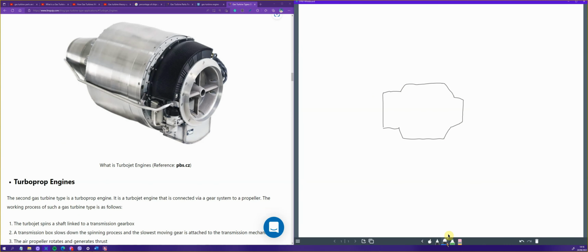So, dito lalabas yung exhaust mo. Yan. Diyan siya.